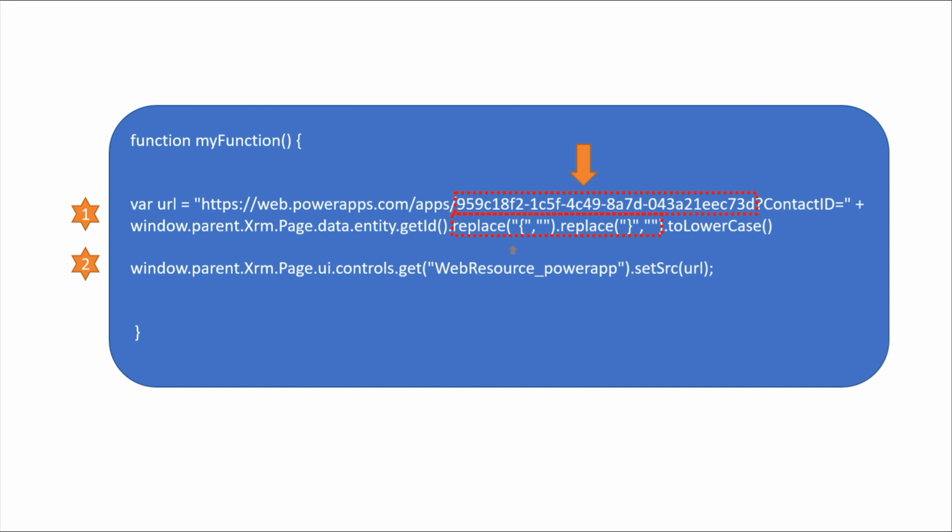So I'm using the replace function to remove the curly brackets in the returned ID, and because the ID is also returned in caps, I need to convert the ID into lowercase before I pass it to PowerApps. And in the next line, I'm passing the URL that I retrieved in the first step as the source of my web resource.